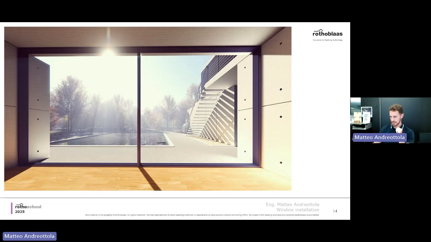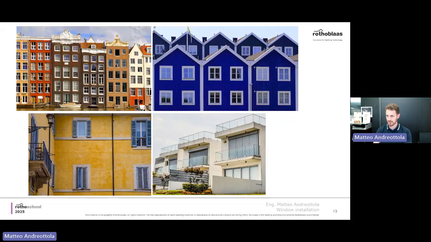Instead of having a small window, you can also have a curtain wall, like the one I'm showing you here in the picture. A very big structural window, like the one we see on the image. And for these kinds of things, it's also more difficult because nothing is standardized.